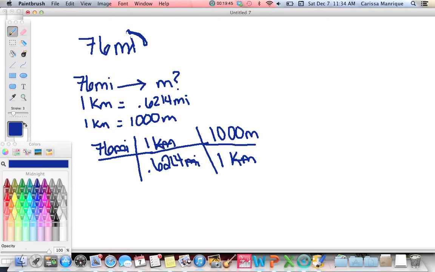When I have this in my calculator, 76 multiplied by 1,000, I get 7,600, divided by 0.6214, you get a pretty large number here. You're going to have over here 122,304, and we'll just put 0.5.